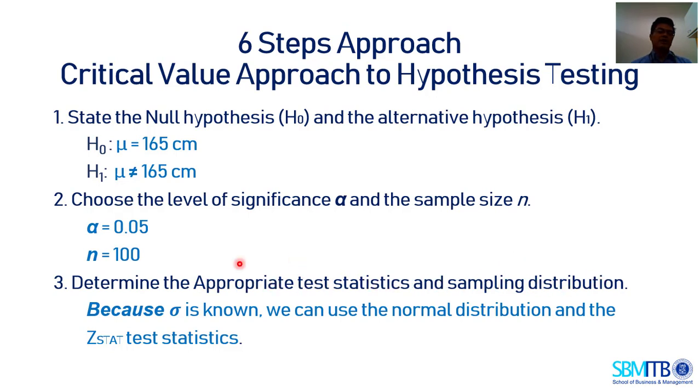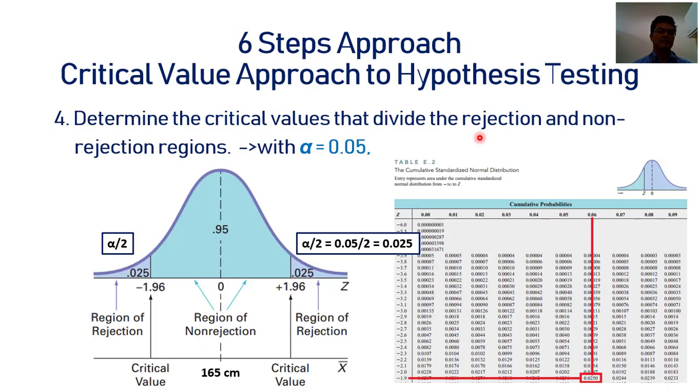Because the standard deviation of the population is known, we can assume that the normal distribution applies and we can use the z-stat test statistic. Going to the fourth step, we will determine the critical values that will divide the rejection and the non-rejection regions, of course, with the significance level of 0.05.